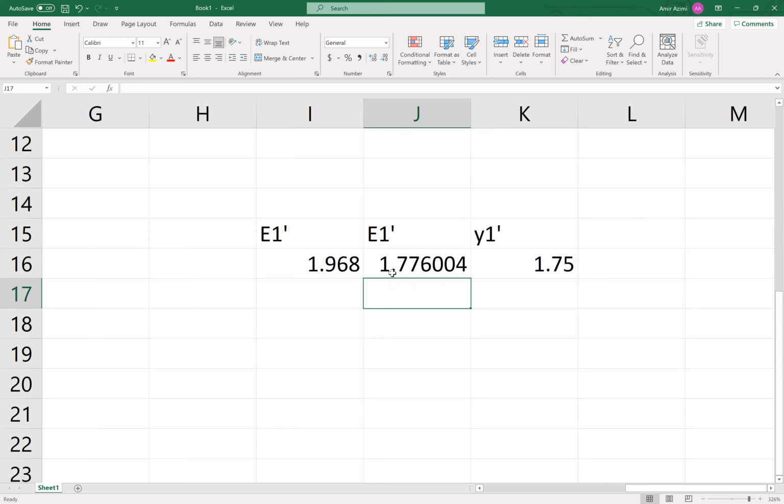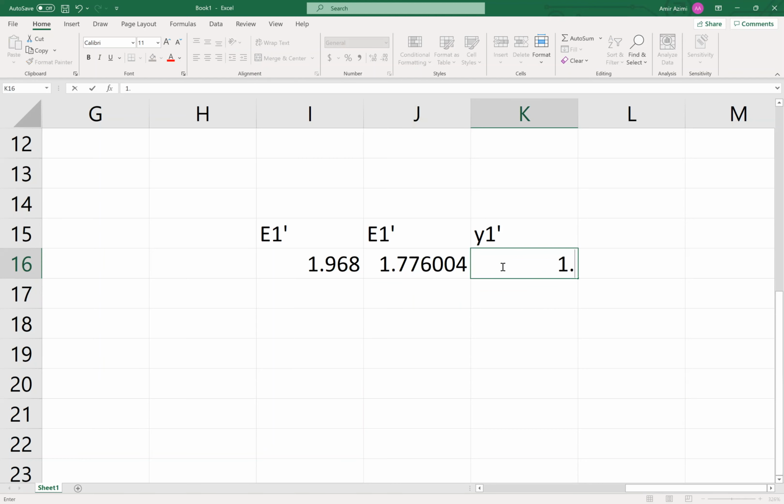So you see that it gives you 1.776, the E1 that we had from the beginning. So this is how we double check. And now we need to increase to 1.96. So I'm going to increase the depth to 1.8. So maybe 1.9, getting close, 1.95. So it's more, 1.945.